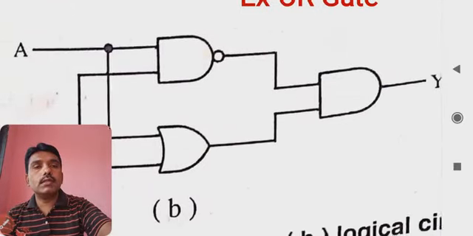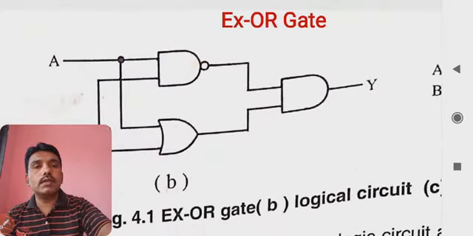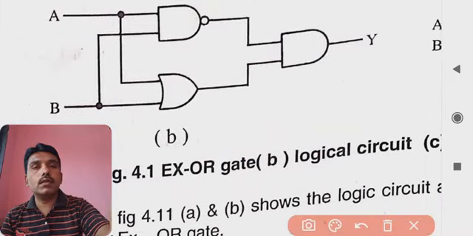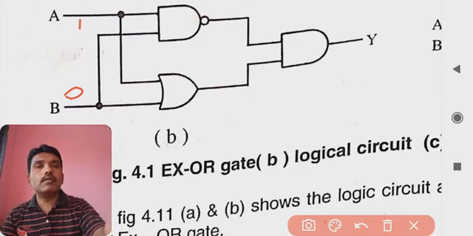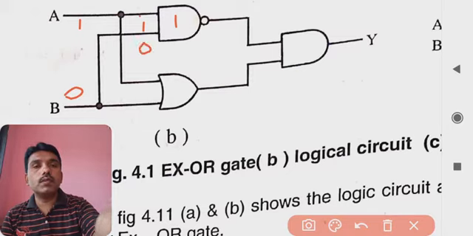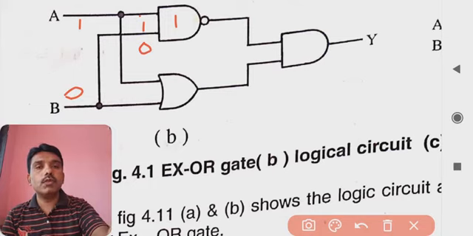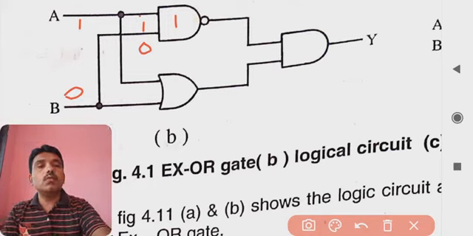So let's see this again for another condition, that is 1 0. That means A has 1 and B is 0. Now this is our NAND gate again. We have the input here as 1 from A and 0 from B. And as we know, for the NAND gate, when the input is 1 0, what is the output going to be?